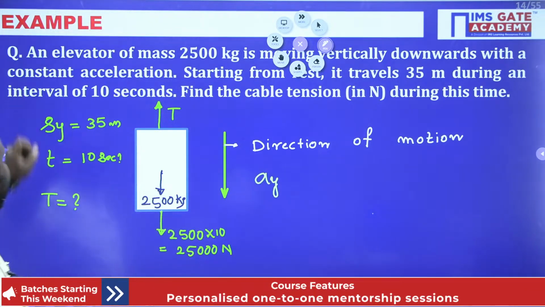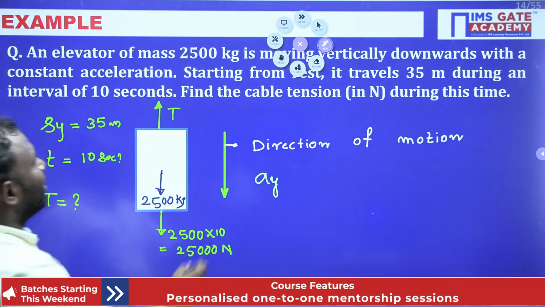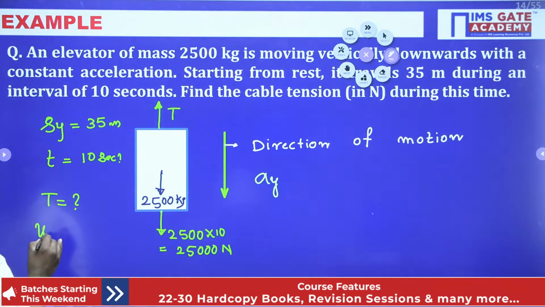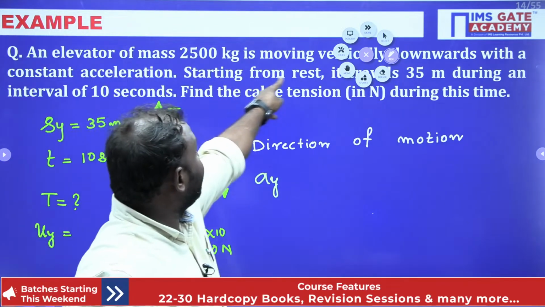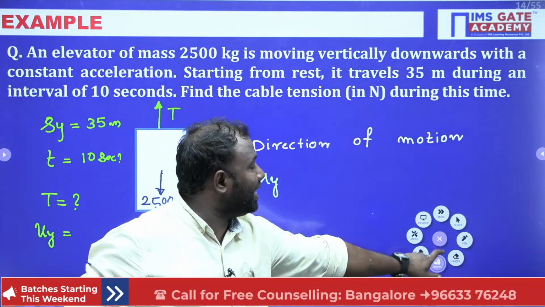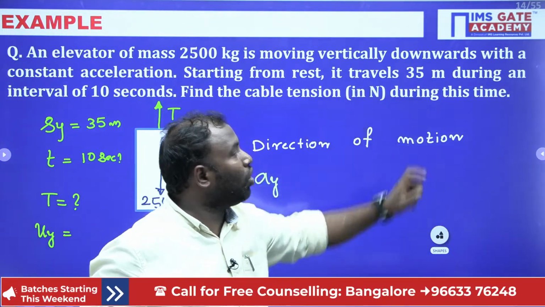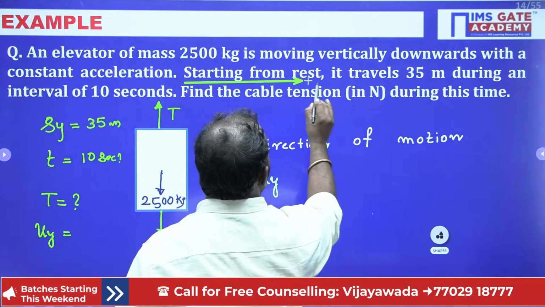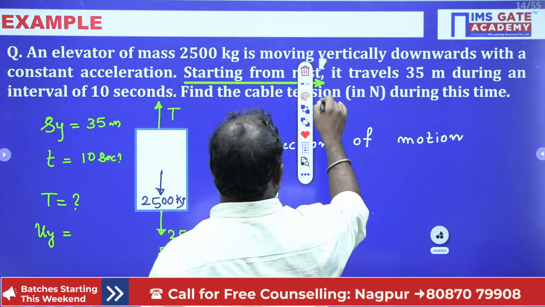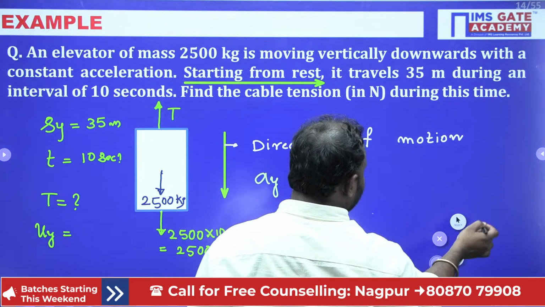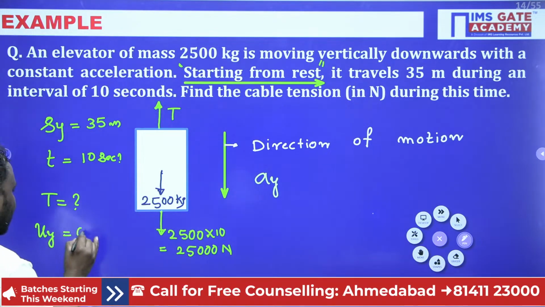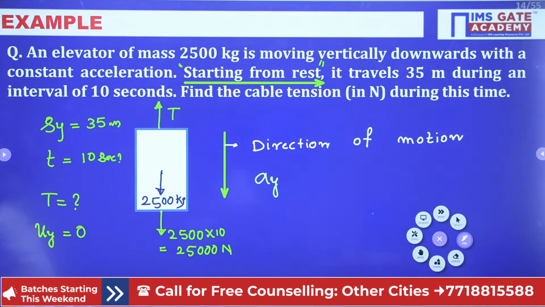We know the displacement in the y direction and the time, and we also know Uy. What is Uy? It is starting from rest, that means the initial velocity is 0. Why? Because it is starting from rest. That is the reason Uy equals 0. Now we know Sy, t and Uy.